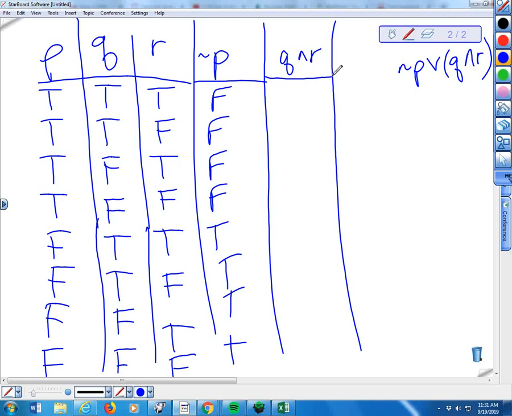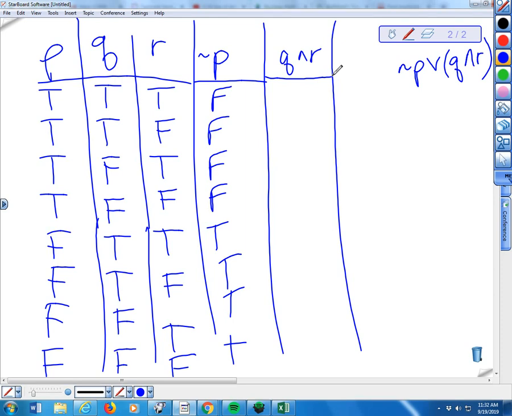So Aiden, we'll try this one now. Q and R. So what's the first entry going to be? What does it have to have for that to be a true statement? T. What do both of them have to have for an and statement to be true? I don't know. Okay. Anybody? Both have to be true, don't they? They both have to be true.